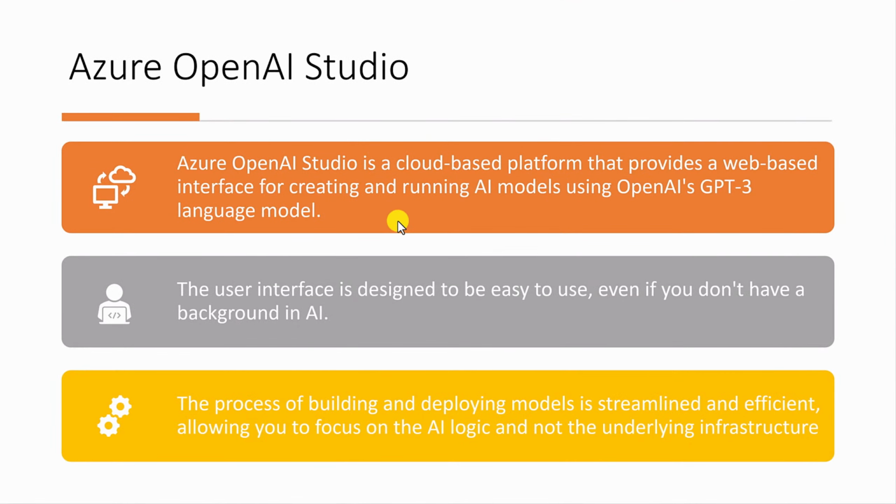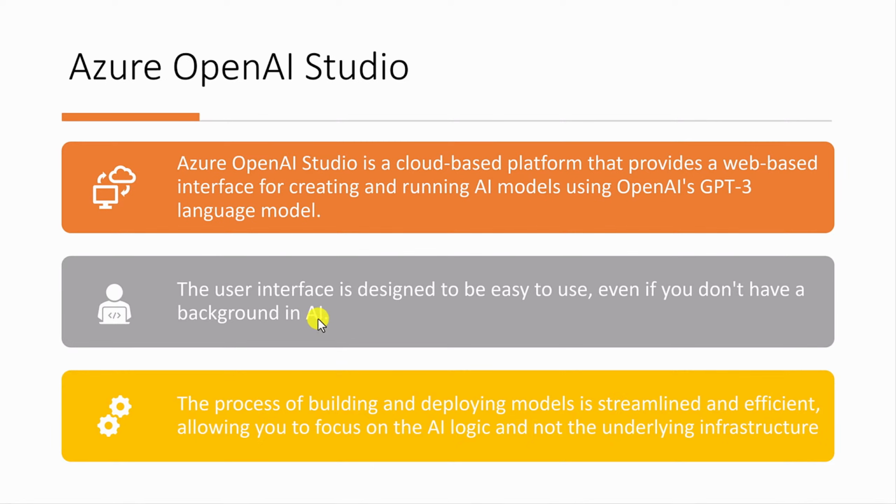Azure OpenAI Studio is a cloud-based platform that provides a web-based interface for creating and running AI models using the OpenAI GPT-3 language model. And mainly this OpenAI Studio has been created to be easy to use. Even if you don't have a background in AI concepts, you need not worry about this. You just need to know the model name.